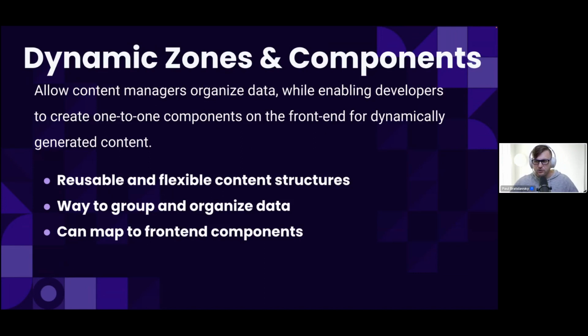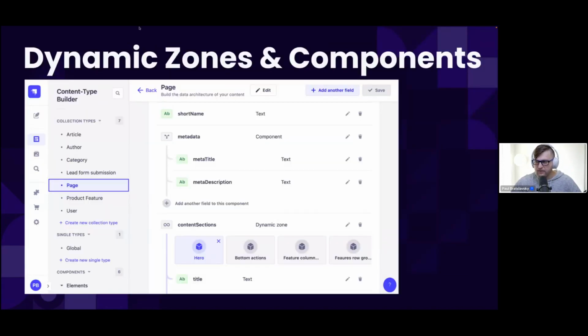So this allows you to have usable and flexible content structure, a better way to group and organize your data, and again, can map to front-end components. And I do have an example. I have it farther down in the slides. So here, as we look, we have our dynamic zone. This is what our page will look like.